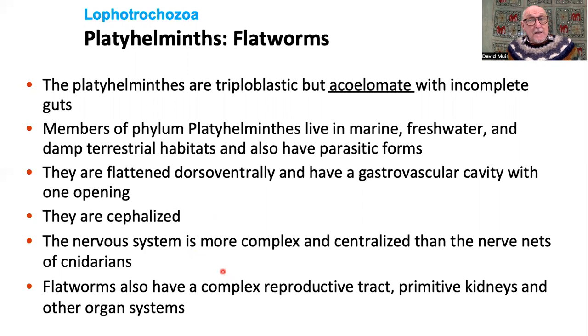Very complex reproductive tract, and often a very complex reproductive cycle and reproductive mechanisms. They also even have primitive kidneys and some other organ systems. So they appear to be much more highly organized than the Cnidaria.